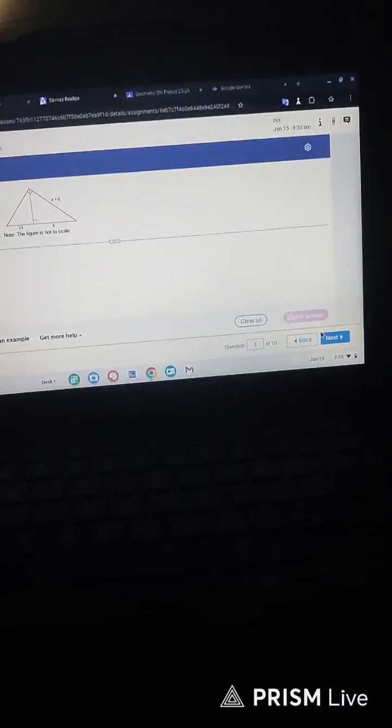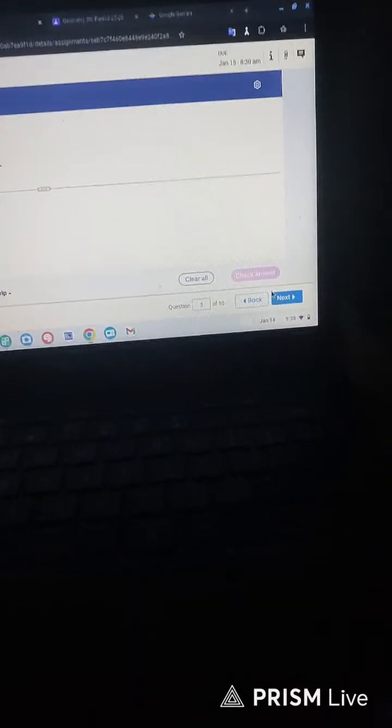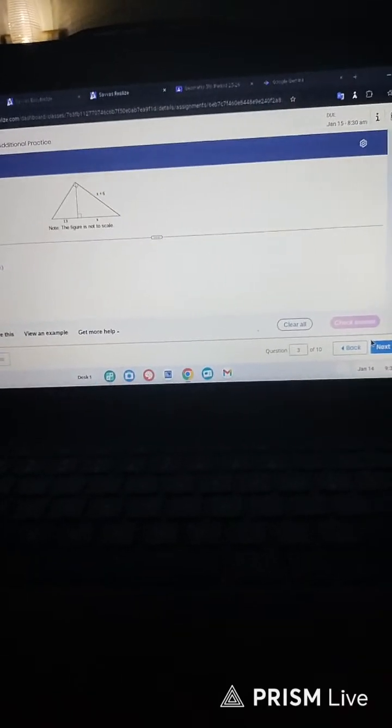Alright. So 13 plus x is equal to x plus 6. So 13 plus 2x equals x plus 6.